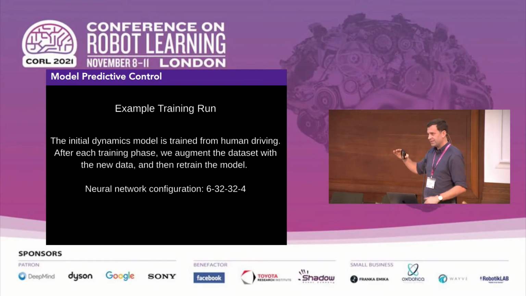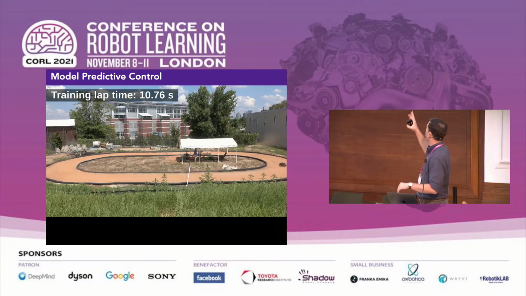The MPC algorithm is then set to a fairly conservative target speed, and it uses the learned model to generate more data. That data is then added to our data set.